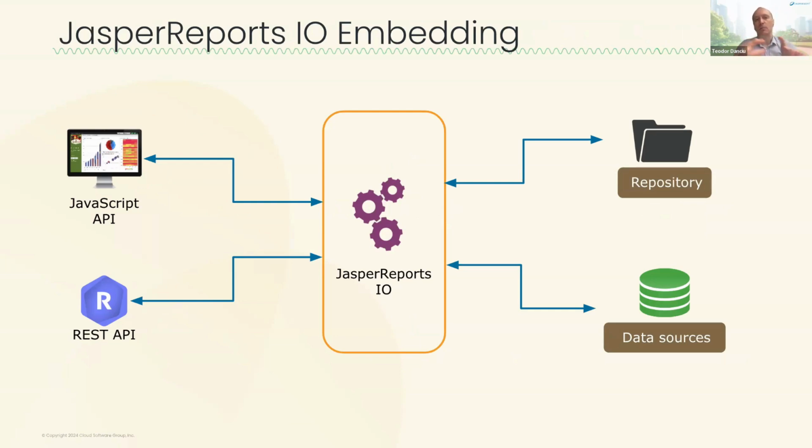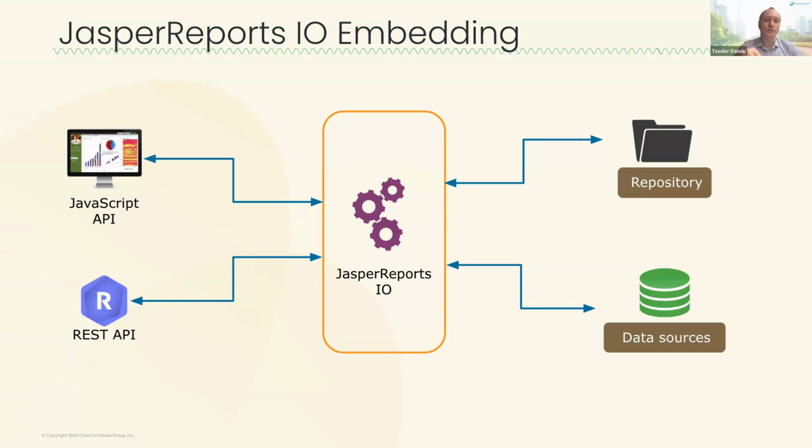It can be deployed, like a standalone single application, or it can be a cluster that is hosted in the cloud and can scale up much better. And from a consumer point of view, they look the same because they expose the same REST API and the same JavaScript API. So if you start small, let's say with a single instance, you grow with your product, you can easily switch to a cluster-based version of the reporting service, and you don't have to change anything. They work basically the same. We treat it like a black box.